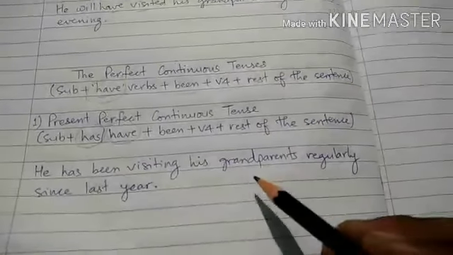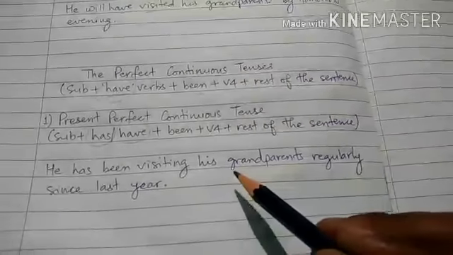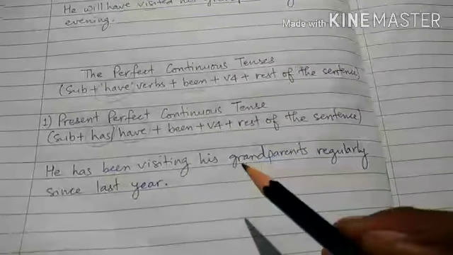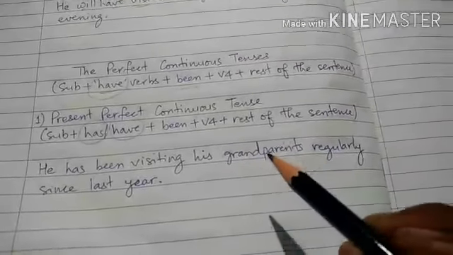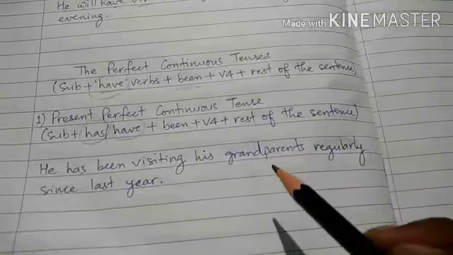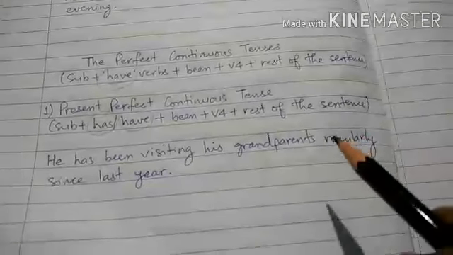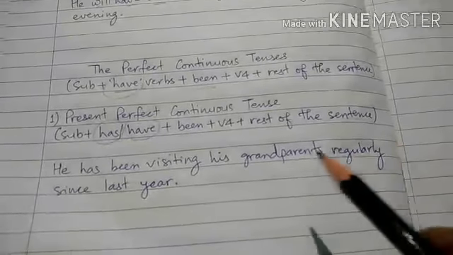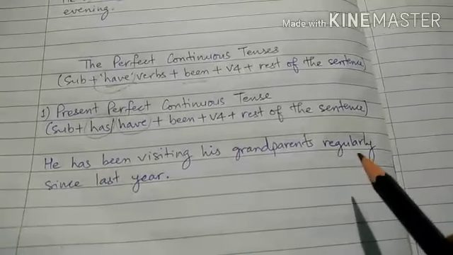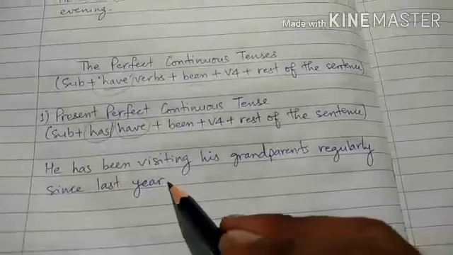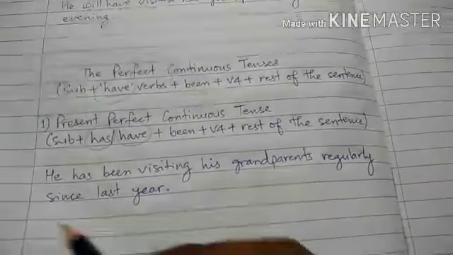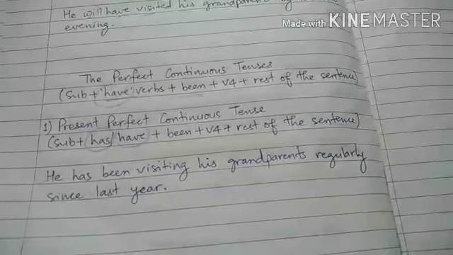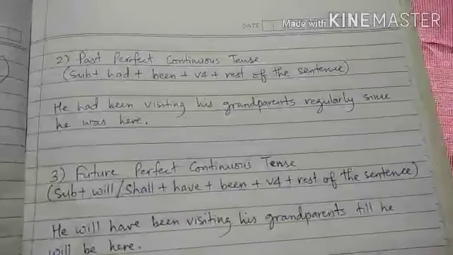So we have to understand what kind of actions each tense expresses. According to that, we have to make changes in the use of some words. So he has been visiting his grandparents regularly since last year. This is the correct sentence in present perfect continuous tense.